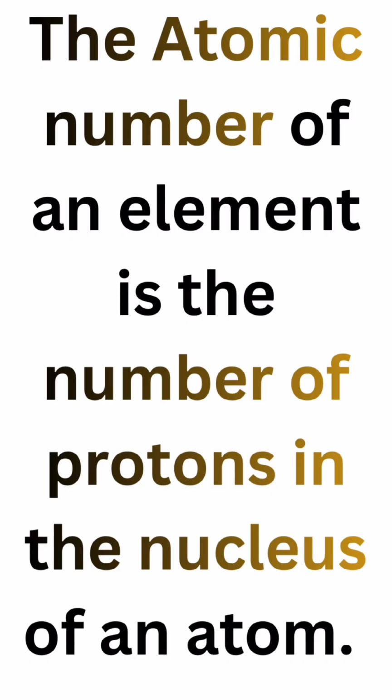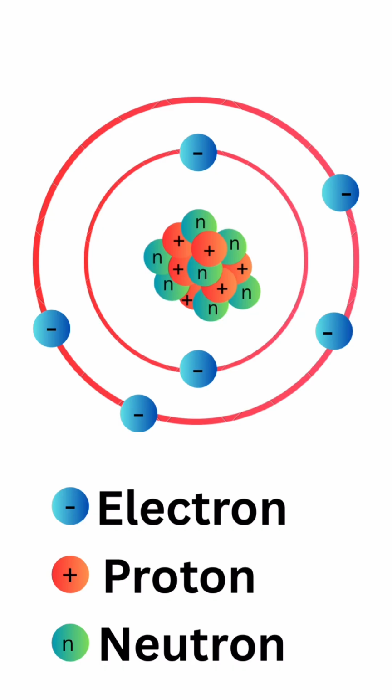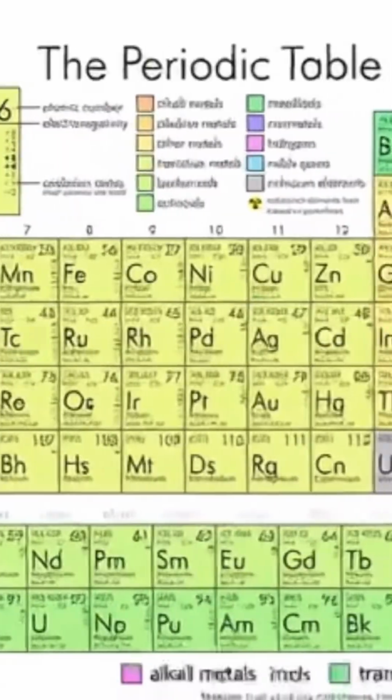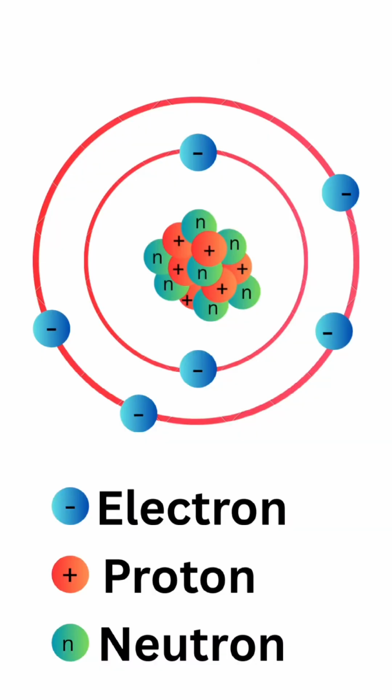The atomic number of an element is the number of protons in the nucleus of an atom. All atoms of the same element have the same number of protons, while atoms of different elements have different numbers of protons. Atoms also contain electrons. In a neutral atom, the number of electrons is equal to the number of protons.